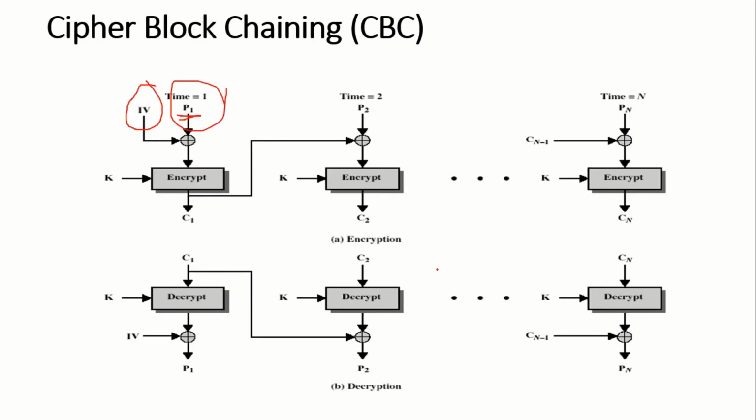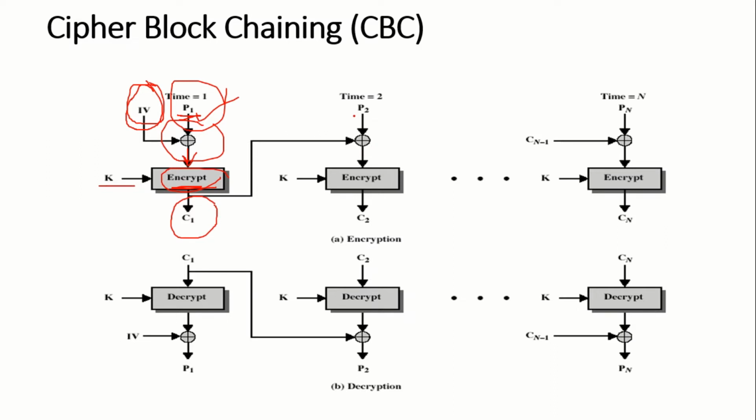Since we are talking about the first plain text block, we consider the initialization vector here. So they are XORed and then we encrypt the result using the key. Fine, and as a result we get the first ciphertext block.